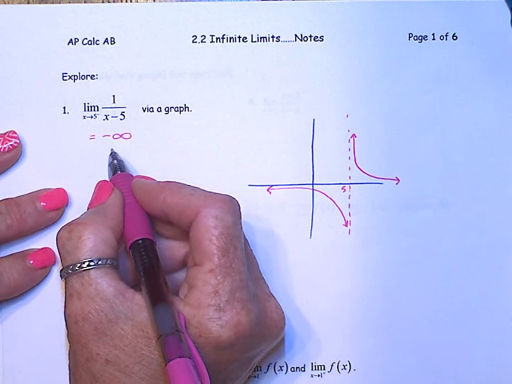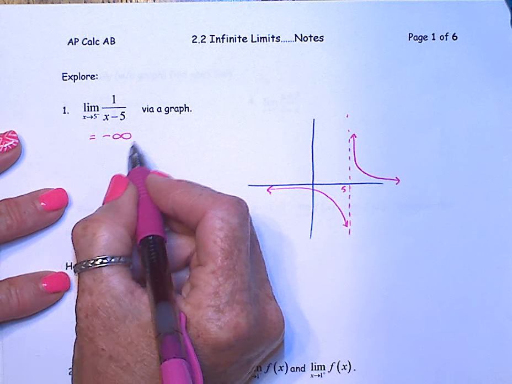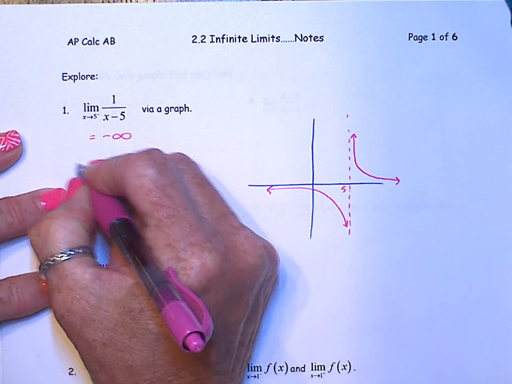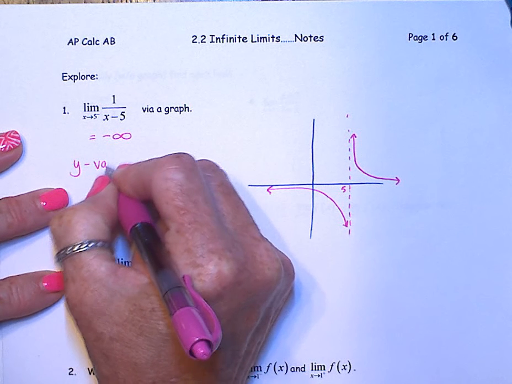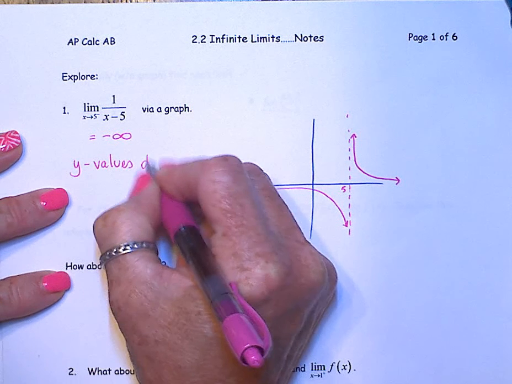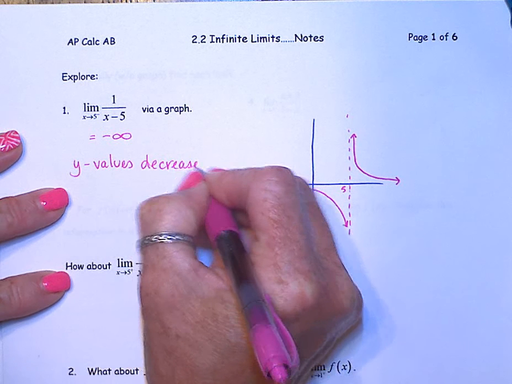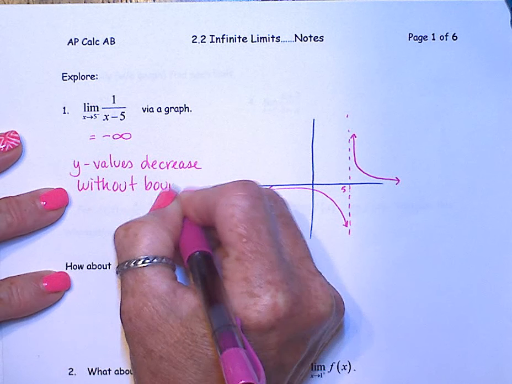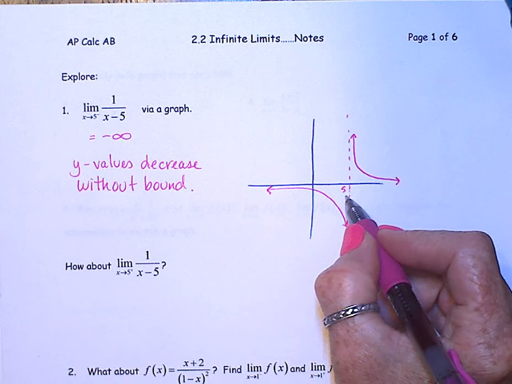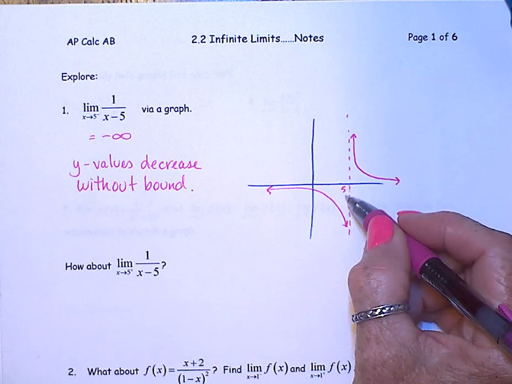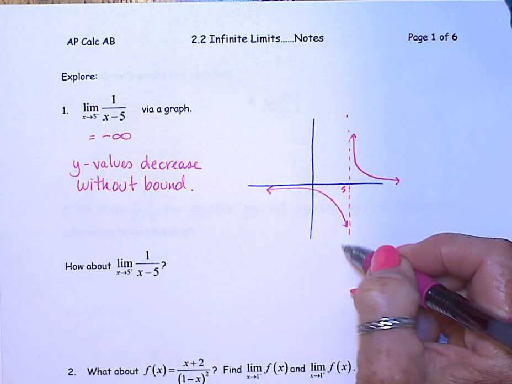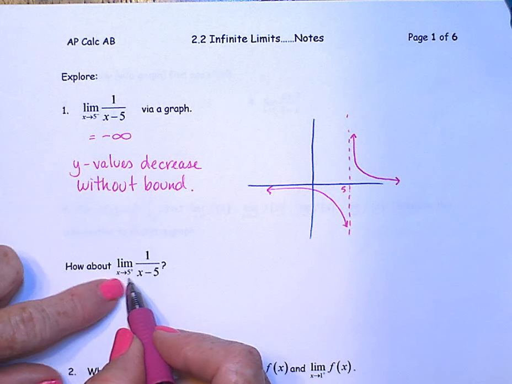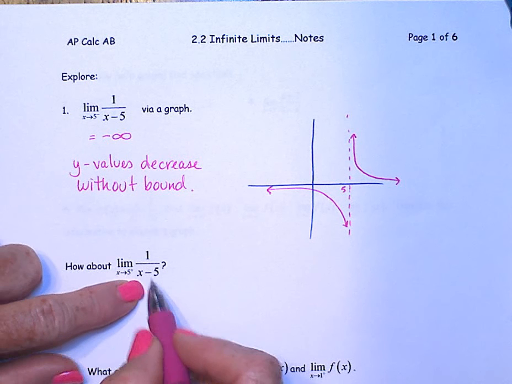Negative infinity is a concept, not a number, but this says that the y values decrease without bound. So as x gets closer and closer to 5, those y values get larger and larger in a negative direction.